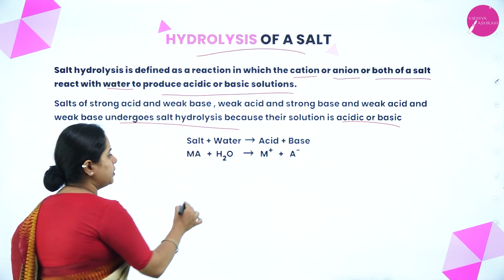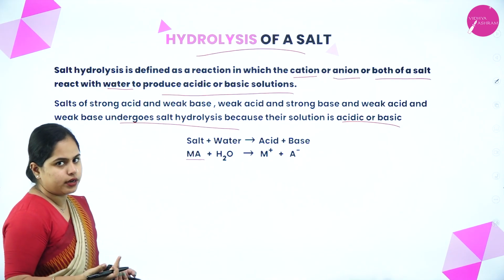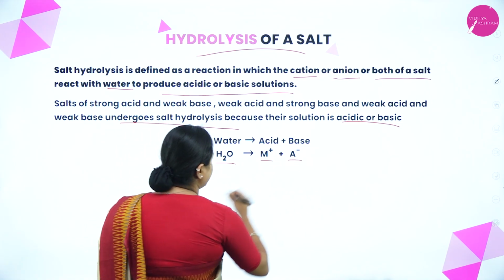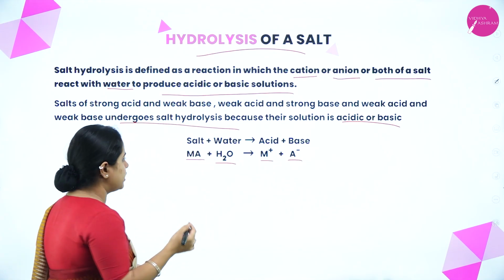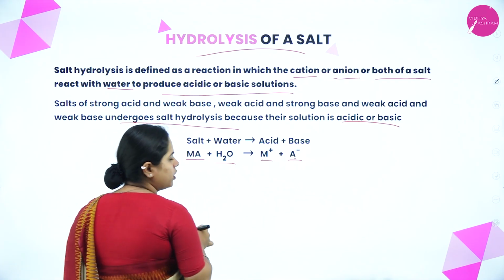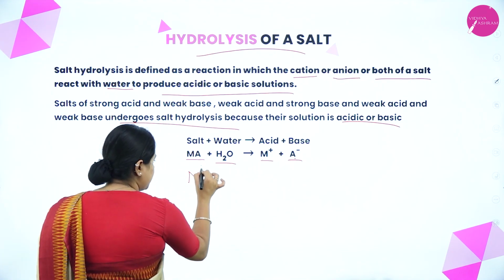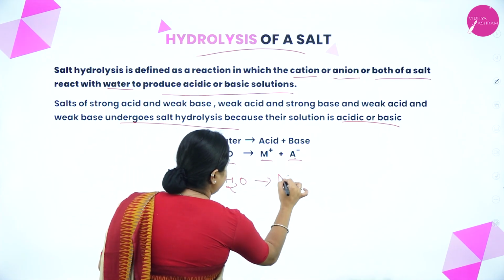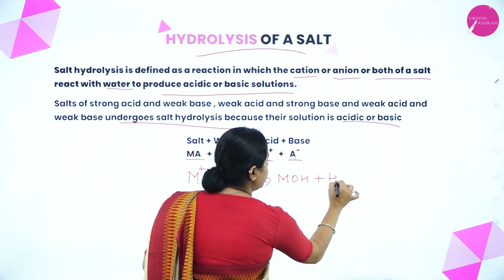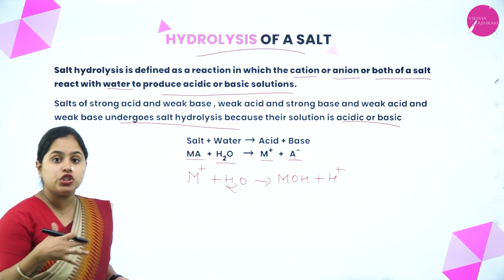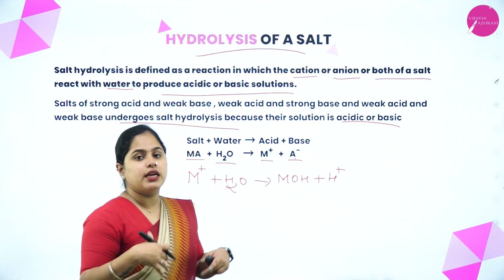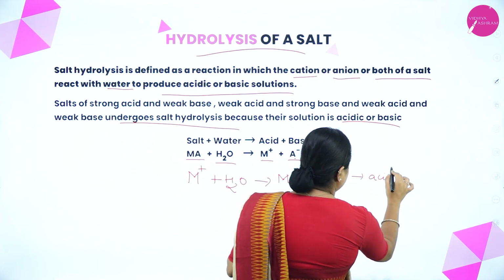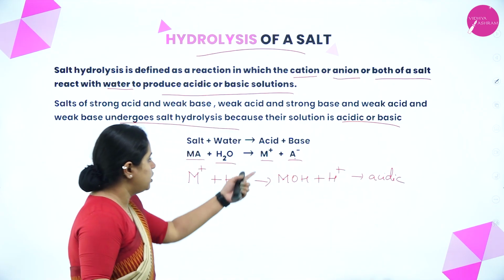So let's take an example, general MA, which is the salt, which reacts with water and dissociates into M+ and A-. So how does this give an acidic solution? So which are the anion and cation present here? Cation is M+, which undergoes hydrolysis to form MOH, and H+ will be released. So a solution which is releasing H+, right? There is excess quantity of H+. Yes, you will get an acidic solution. Now what else is there?